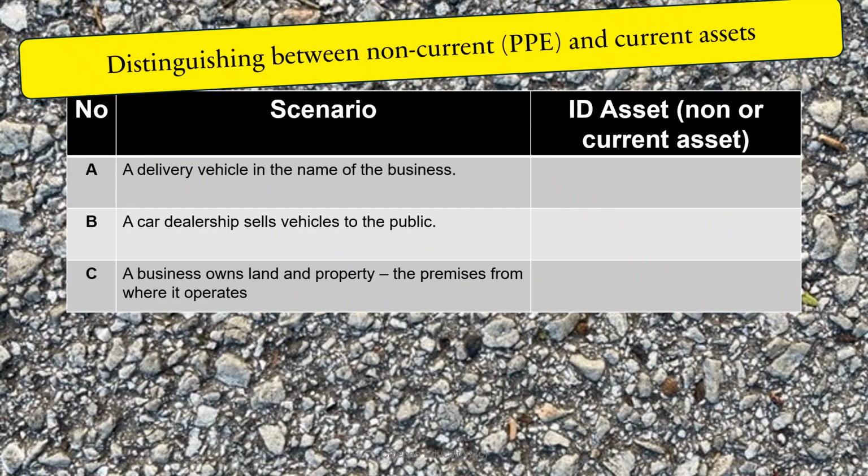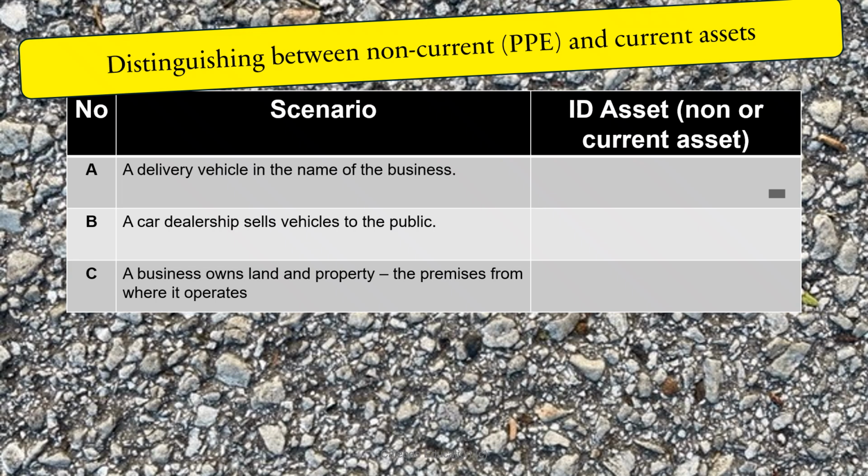Okay, this is an example here. You need to identify a delivery vehicle in the name of the business. What is the asset? Vehicles. And it is an example of a non-current asset, which is PPE.